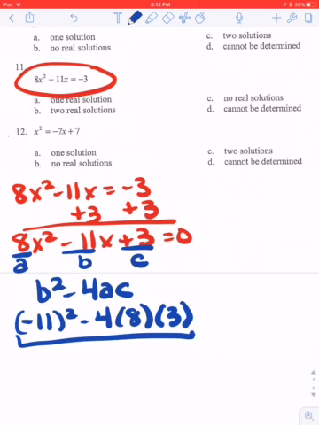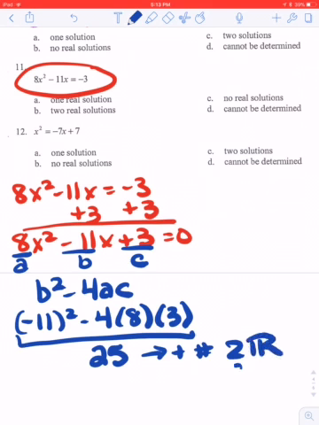And that's going to get put into my calculator. So when I plug that into my calculator, I end up with 25. Now, since 25 is a positive number, that means it has 2 real solutions. So that means that as far as 11 goes, my answer is going to be B.